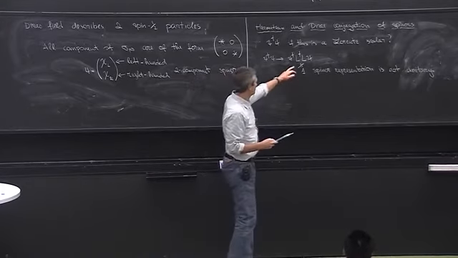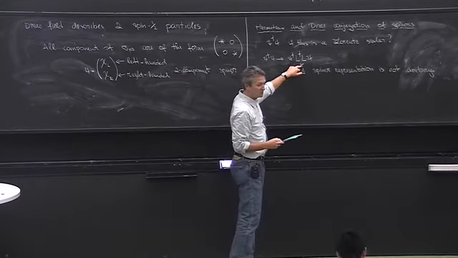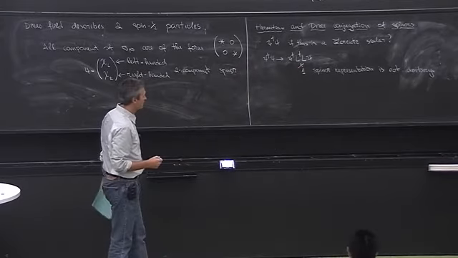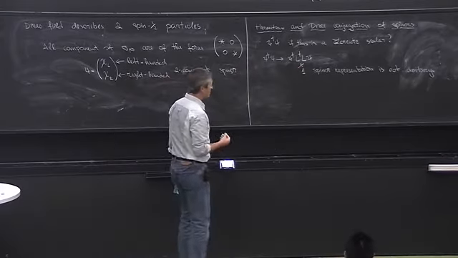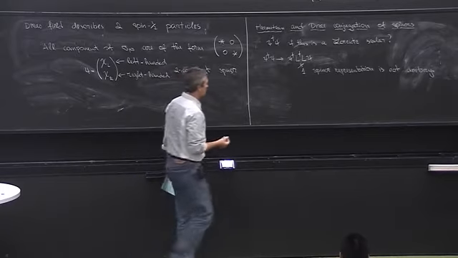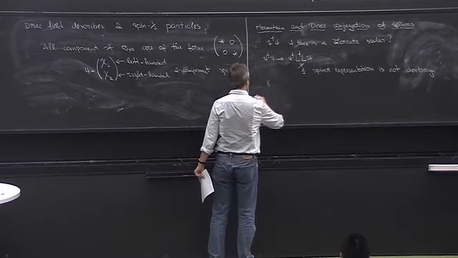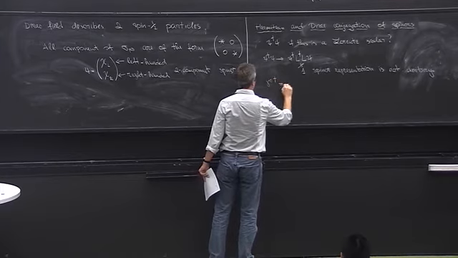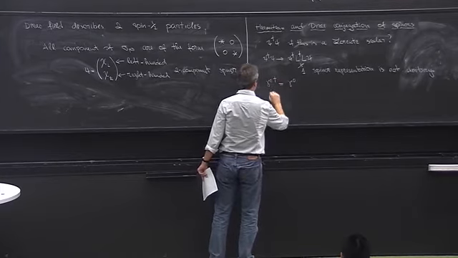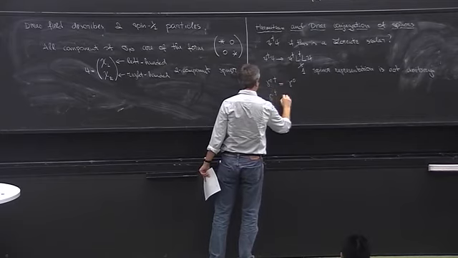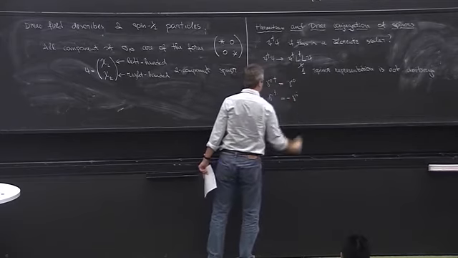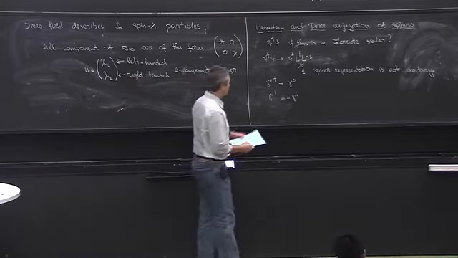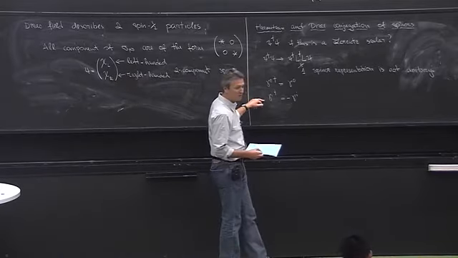Well, since the generators, at least the infinitesimal generators, are built from the Dirac matrices, first we need to understand how to take a Hermitian conjugate of the Dirac matrix. So if you look at the explicit expressions, it turns out that the spatial and time-like components of the Dirac matrices have different hermiticity.